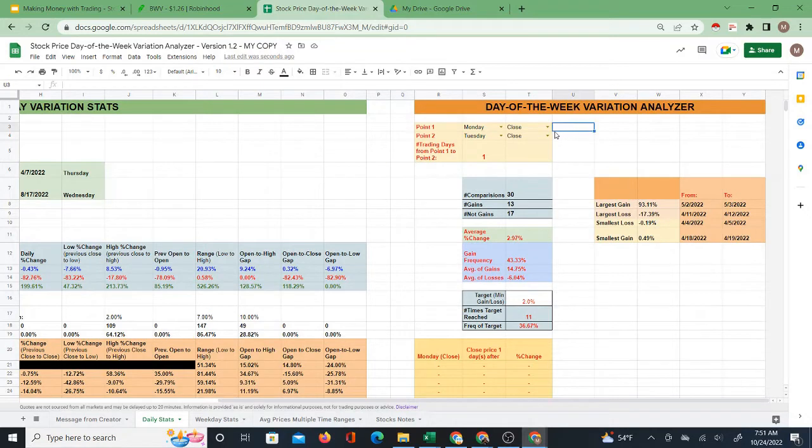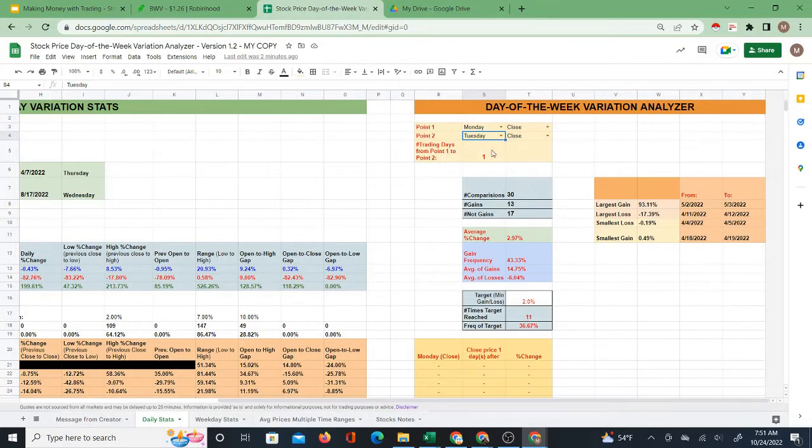However, what I'm doing is I'm comparing different days. What I have pre-selected here is Monday's close and Tuesday's close. Now, for the past 250 days, there have been 30 Mondays. It's going to take Monday and compare it to the day after Monday, one day after, which is what this number means, trading days after.